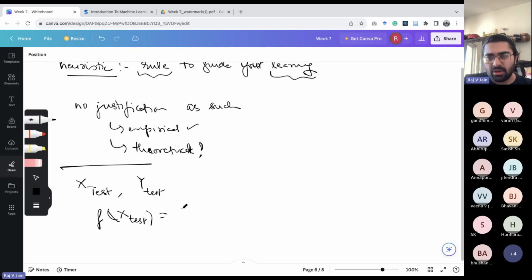This is basically your Y hat test, the prediction that you're making on the test data. Then you compare that with Y test, the actual labels. If it's regression, you will calculate the mean square error. If it's, for example, a classification problem, you will use binary cross entropy, all of those things. That's the test error. That's it.